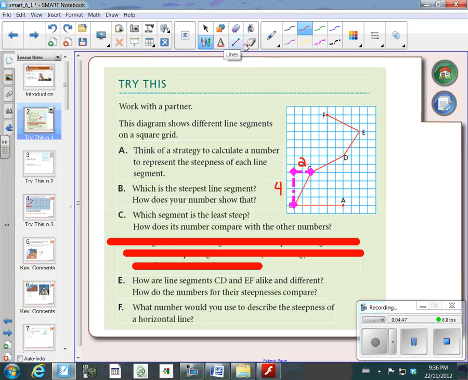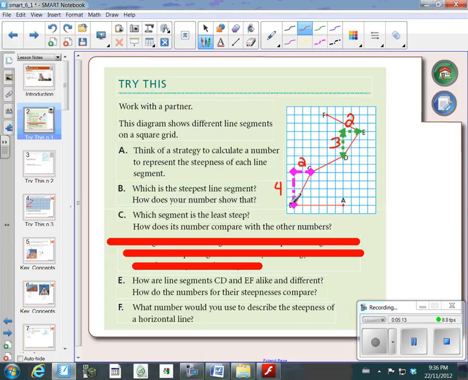Compare that to the second steepest line, D to E. Here we went up 3 and then we went over 2. So let's write that in here. We went up 3, and then we went over 2.